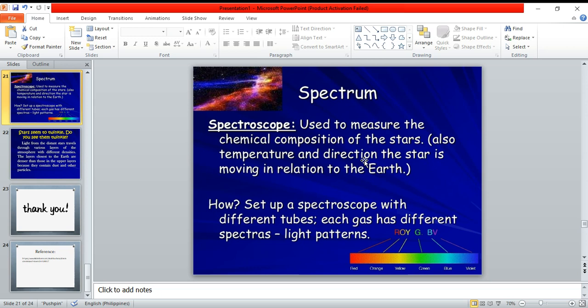How can you measure the spectrum of light? By setting up a spectroscope with a different tube, each gas has a different spectrum or light pattern. So it can measure the wavelength and the frequency of light.